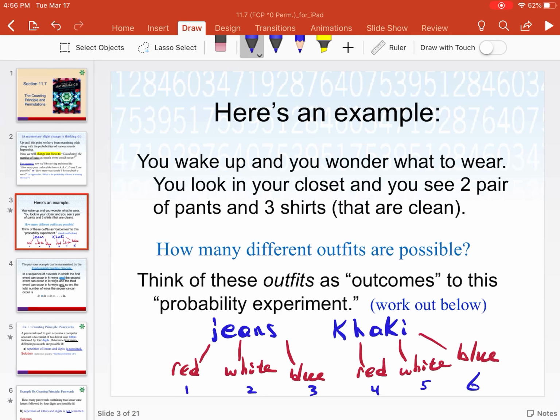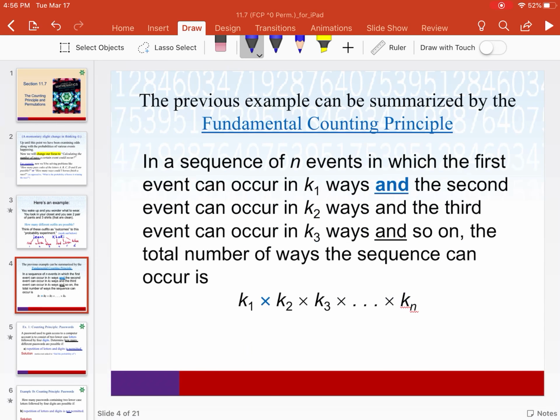Now, you might be thinking, wouldn't that be really amazing and helpful if I could simply multiply 2 times 3 to get my 6 outcomes? Well, you'll be pleased to know that that's exactly what you're going to do.